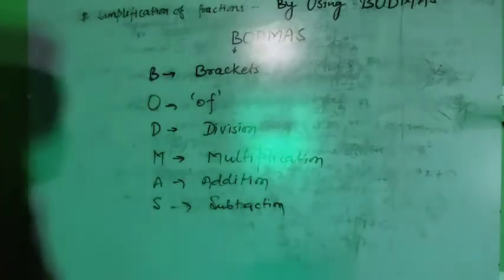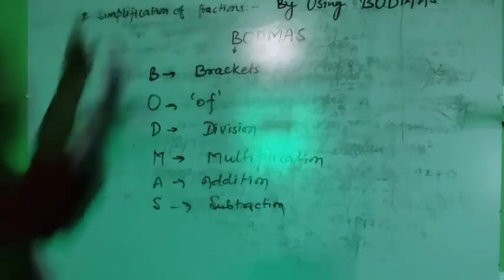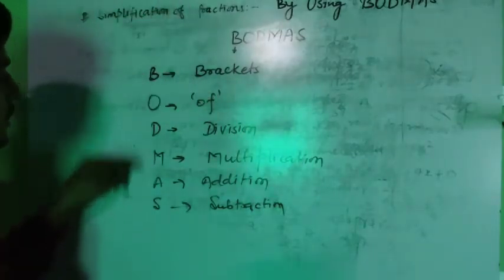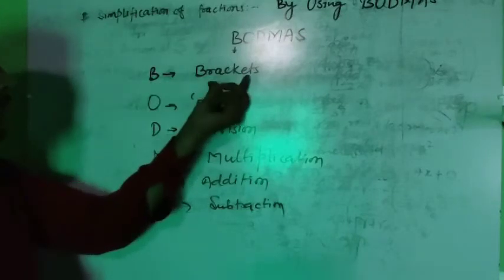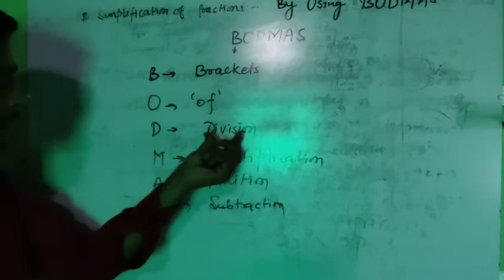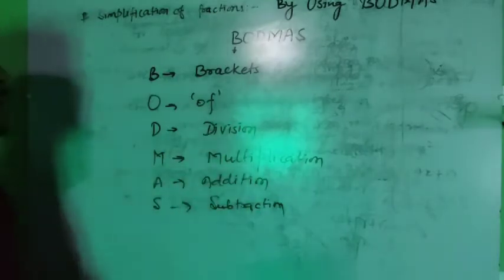This is the sequence of simplifying any given question by using BODMAS rule. That is, we will first solve bracket, after that the sequence will be of, after that division, then multiplication, then addition, and in last subtraction.